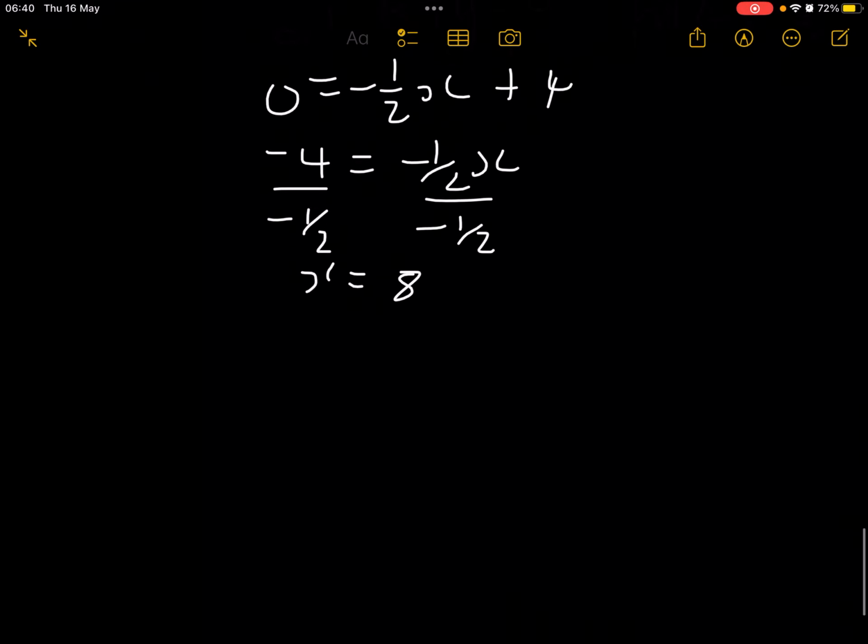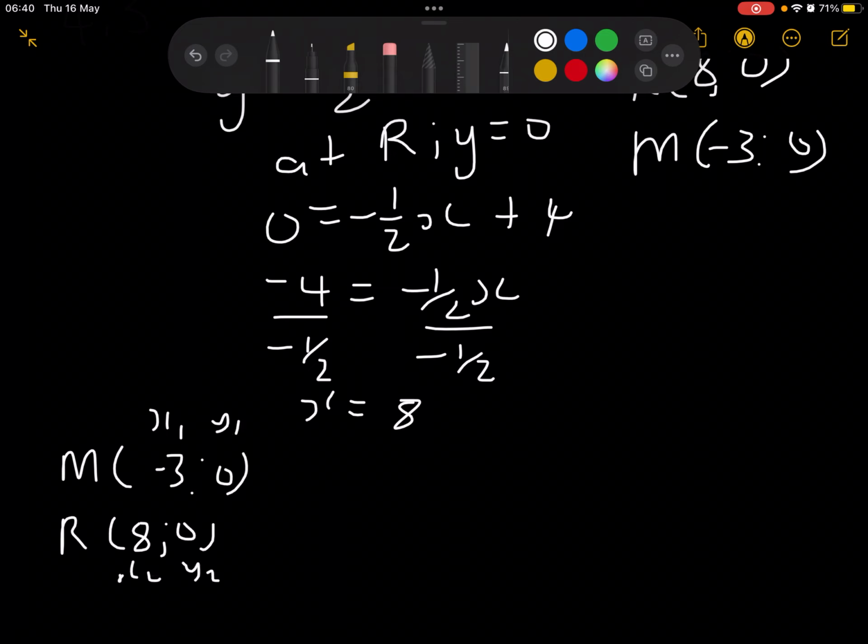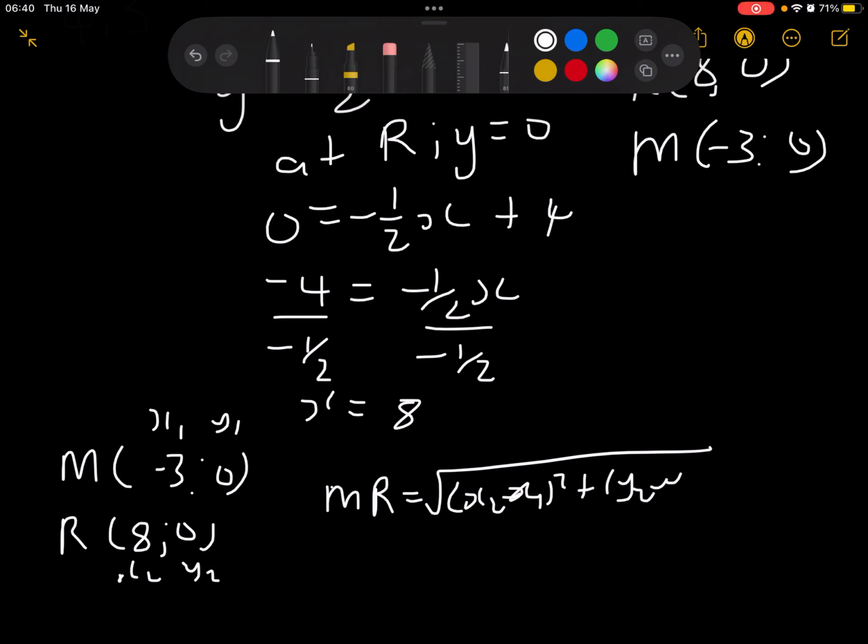So we have the two points now. M is (negative 3, 0) and R is (8, 0). This is x1, y1, x2, y2. Then the distance formula to calculate MR is the square root of x2 minus x1 squared plus y2 minus y1 squared.